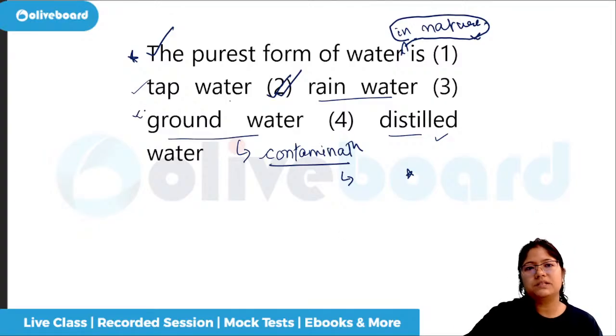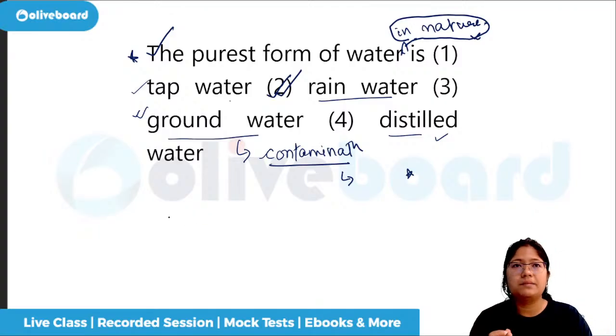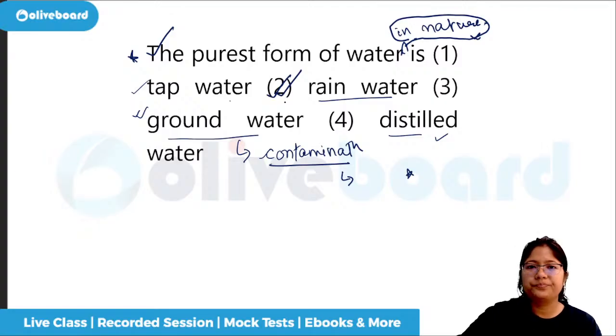Also, there are places where you get really clean groundwater, where the well is placed and there can be some kind of rock arrangement, sand arrangement, that the groundwater that is coming itself is very neat and clean. So it depends. Okay, so rainwater is the correct answer.